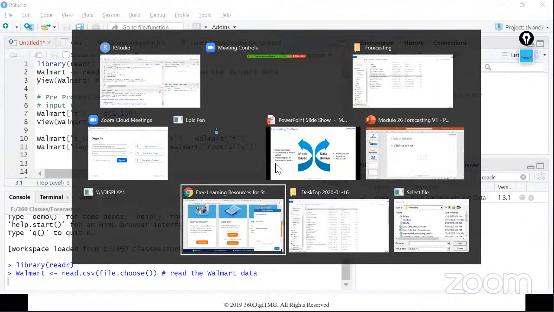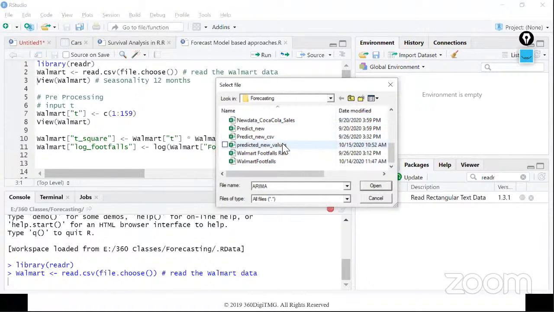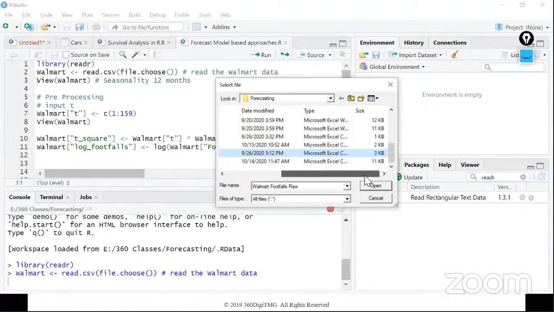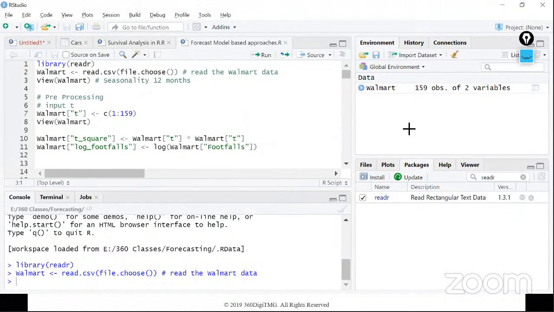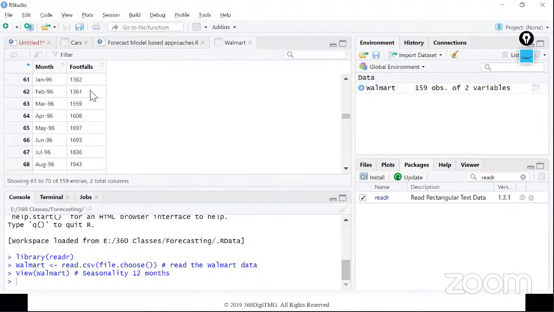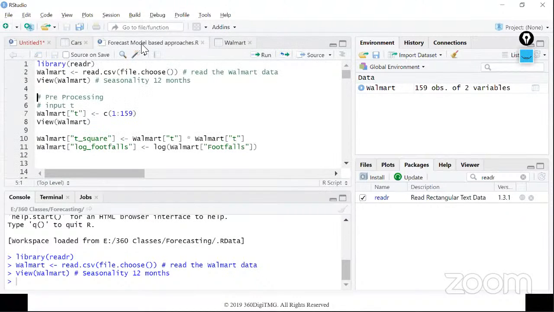Walmart footfalls raw. I have loaded this, 159 records and 2 columns. All right, we've already seen it. But nevertheless, let me show it again. So this is the data that we have. And then we need to now start doing the pre-processing.